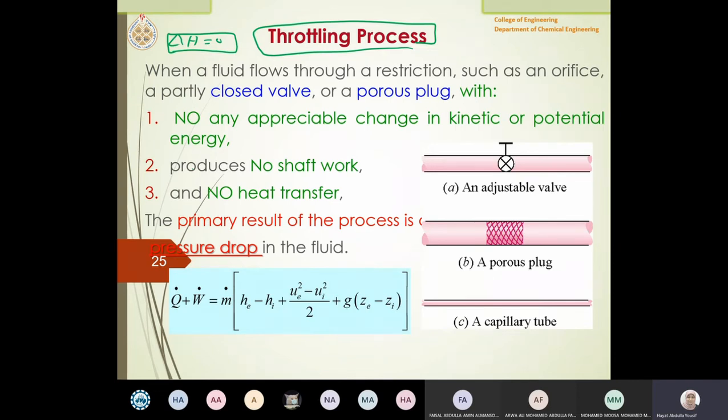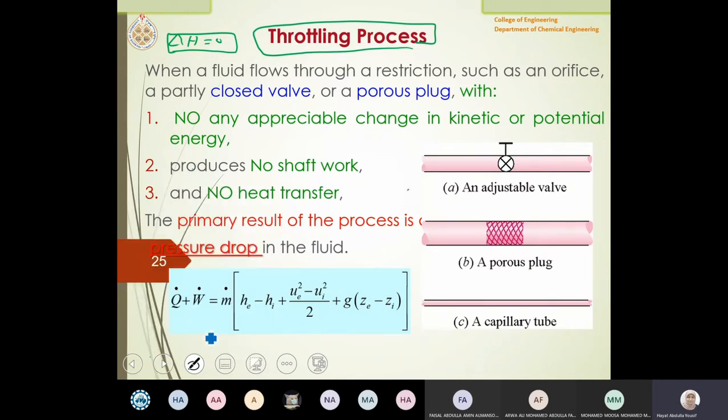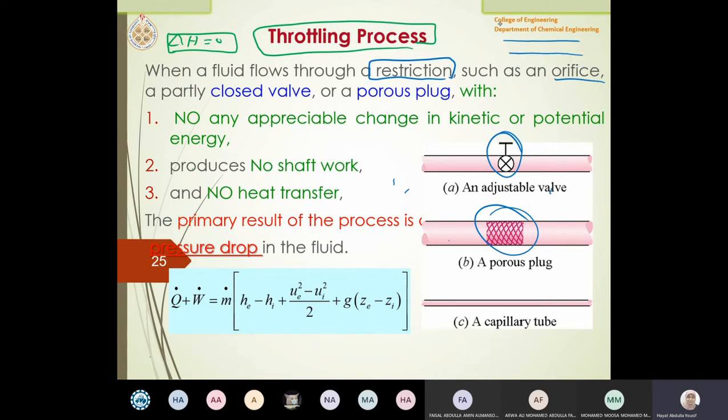Throttling can be achieved, or you do have throttling, whenever you include restrictions in your piping system. When I say restrictions, it means you are putting things like this in the piping system. That restriction can be an orifice. If you remember, we mentioned the orifice in Chenge Trouble 1 when we talked about measuring the flow.